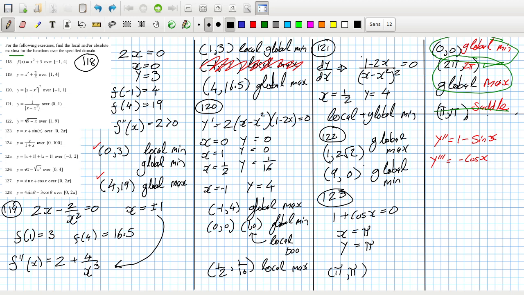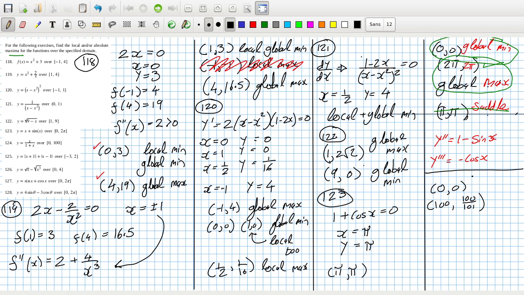I'll show you a little trick here for 124. So if we were just to put in 0, we would get 0. And if we were to put in 100, we'd get 100 over 101. So I think these would be globals.